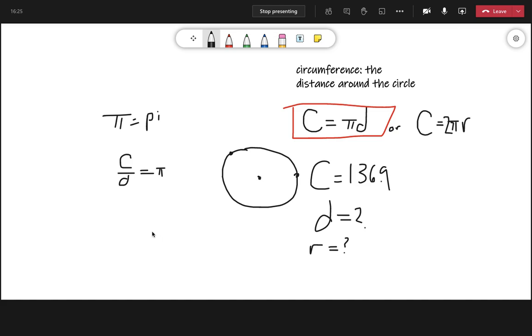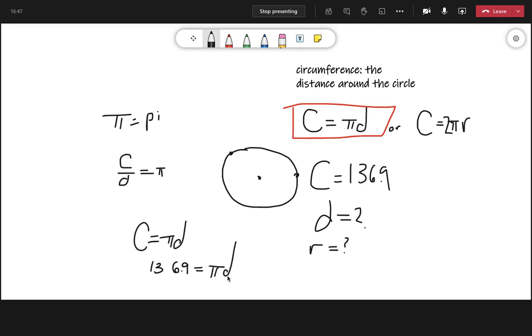Well, we know the circumference is equal to pi times the diameter. And our circumference is 136.9 is equal to pi times our diameter.